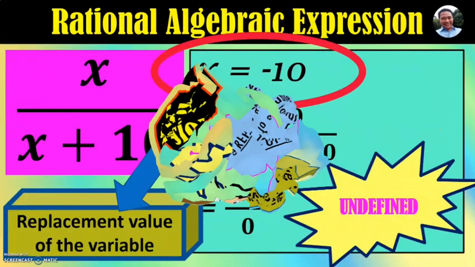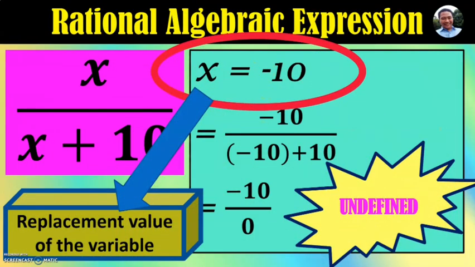Say for example, we have here x over x plus 10. What is the replacement value? It is the value of x which is equal to negative 10. It makes the denominator 0 and it makes the rational algebraic expression undefined.